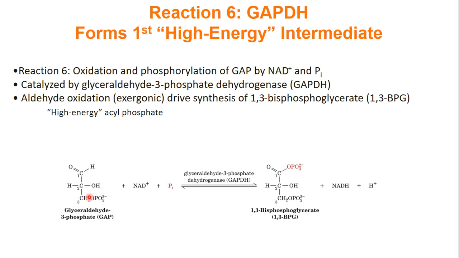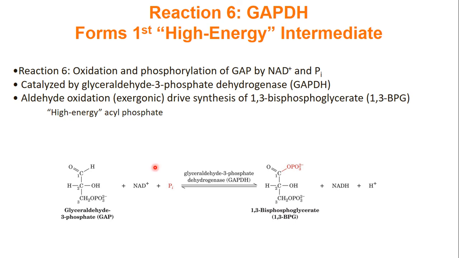You see our glyceraldehyde 3-phosphate, add NAD plus and a phosphate, you're adding a phosphate to carbon 1 while making NADH. And the reason why this reaction goes through is that this aldehyde oxidation is very exergonic, that is negative free energy. So this is driving the synthesis of 1,3-bisphosphoglycerate.